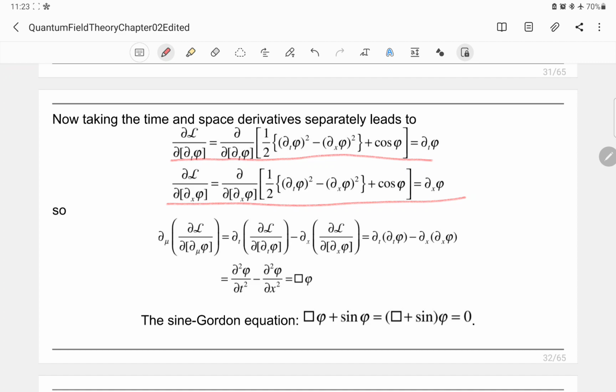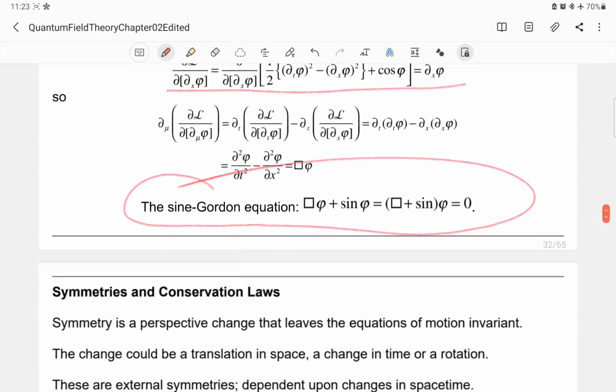And so combining all the terms together, we will be able to find the sine-Gordon equation. You can also solve this at your own pace, resolve the problem, so that you will also learn how to do the things.